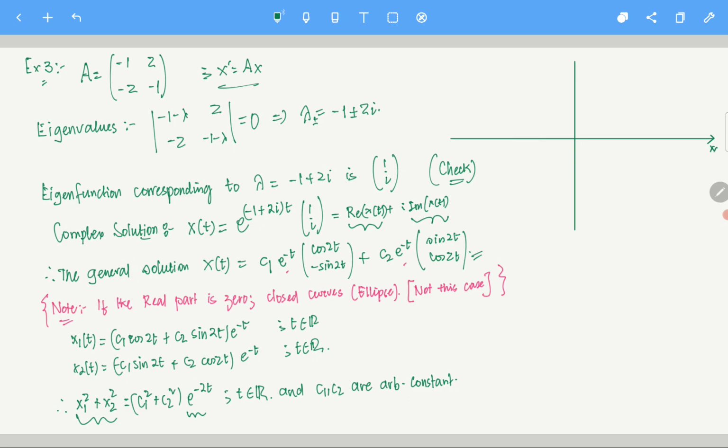This is x1 and this is x2. How does it look? It is kind of a circle, but it is going towards 0. So basically it will look like a spiral. It's a spiral which goes towards the origin, so maybe I can draw it like this.